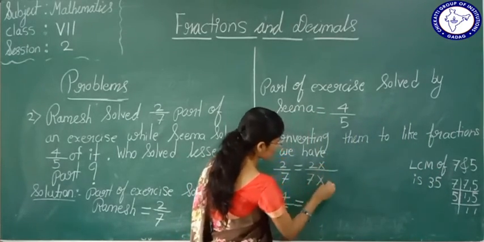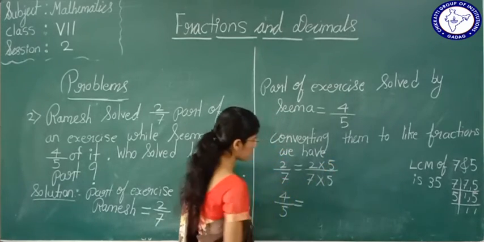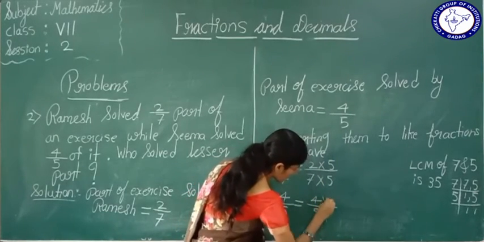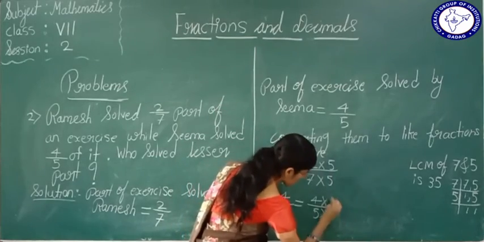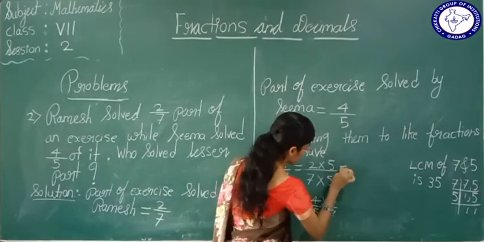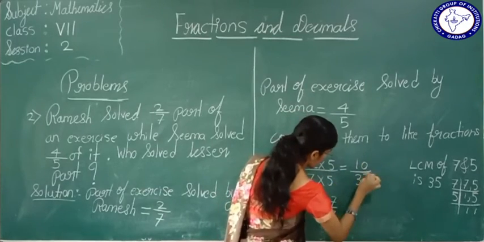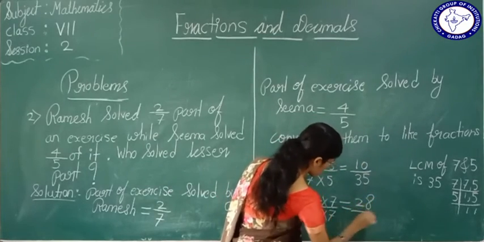Say 7, how much are 35? 7 5s are 35, multiply both numerator and denominator by 5. Now 5, how much are 35? 5 7s are 35. Okay, now see 2 5s are 10, 7 5s are 35, 4 7s are 28, 5 7s are 35.